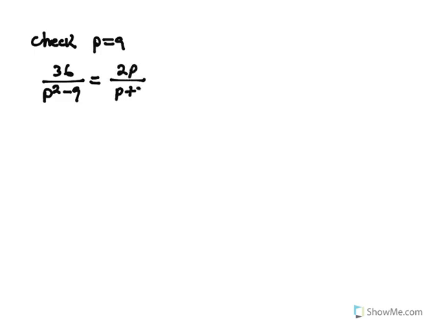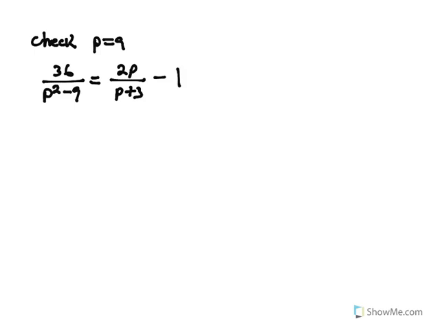So what we've got to make sure is that we check the solution, because if we don't check it, all right, so we're going to check p equals 9. So again, we're going to use our original equation, 36 divided by p squared minus 9 equals 2p over p plus 3 minus 1.